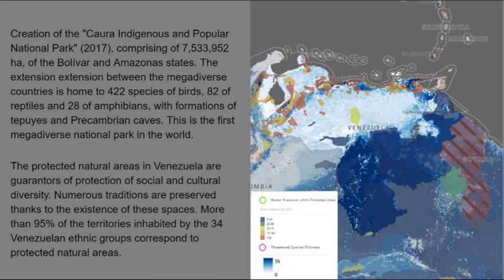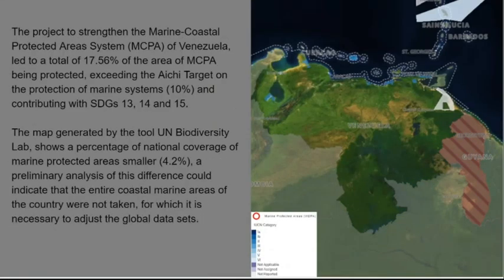Here you have the UNBL map that shows, I think, the human footprint in relation with the system of protected areas. Next, please.